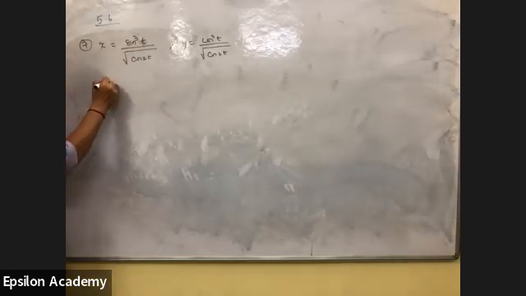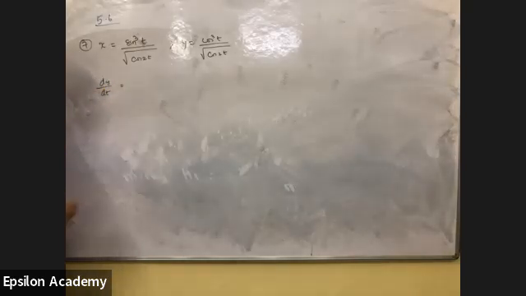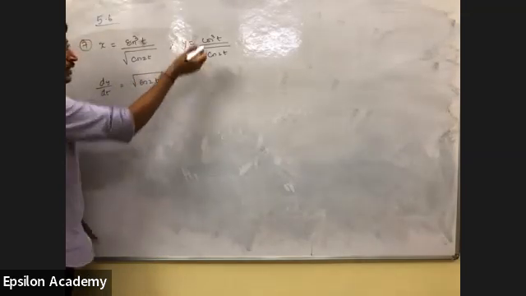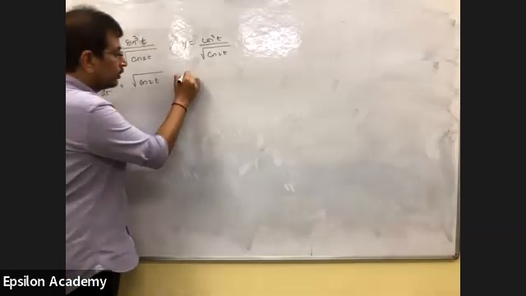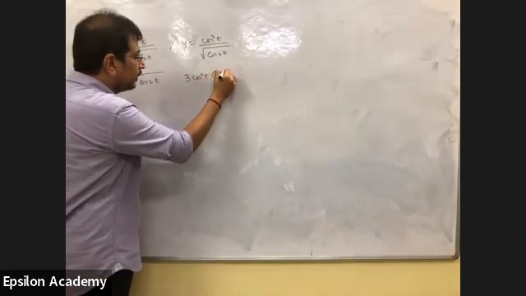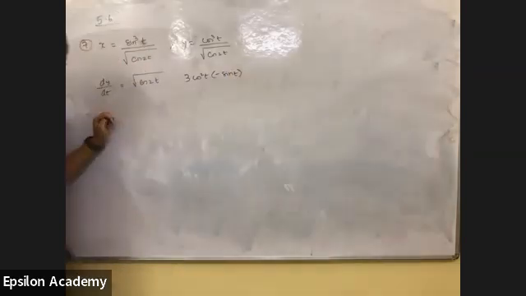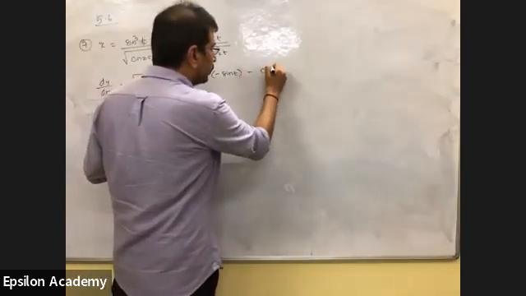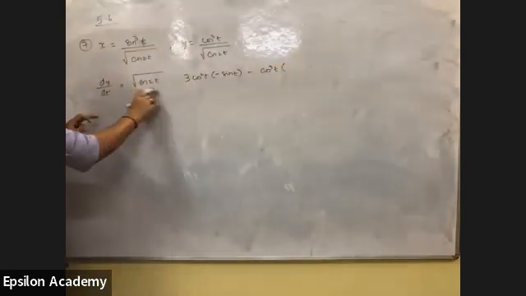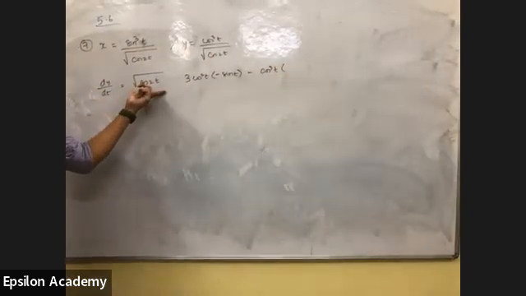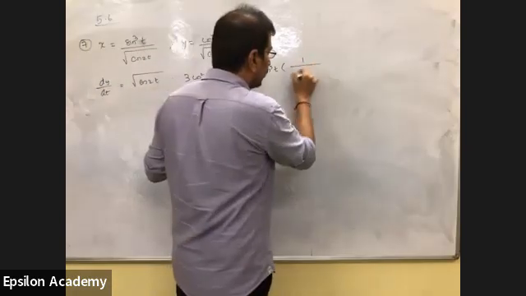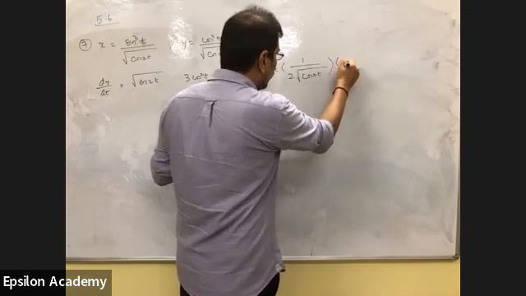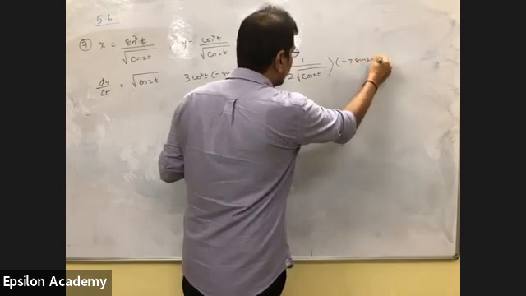Okay. So dy by dt is root of cos 2t into the derivative of cos cube t, which is 3 cos square t into minus sin t. Correct? Minus cos cube t into the derivative of root cos 2t. The derivative of square root is 1 by root of cos 2t into minus 2 sin 2t.